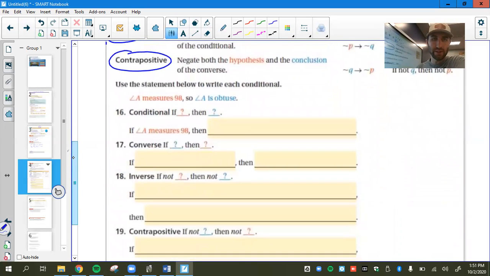The conditional statement. If angle A measures 98, then angle A is obtuse. Okay, this makes sense. The converse, if angle A is obtuse, then angle A is 98 degrees.